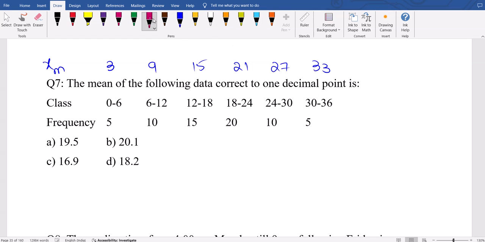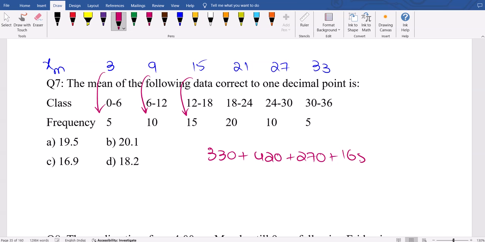Now how to calculate mean here is 3 into 5. Okay, directly write that value. So 3 into 5, 15, 90, 225, 225 and 15, 240, 240 and 90, 330 so far. Here 420, 270, 165 divided by 10, 20, 40, 50, 65.